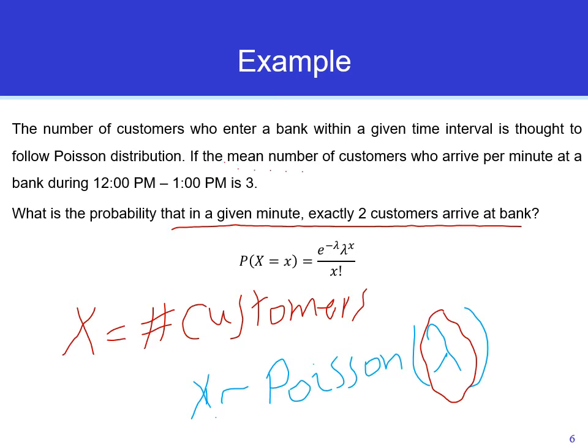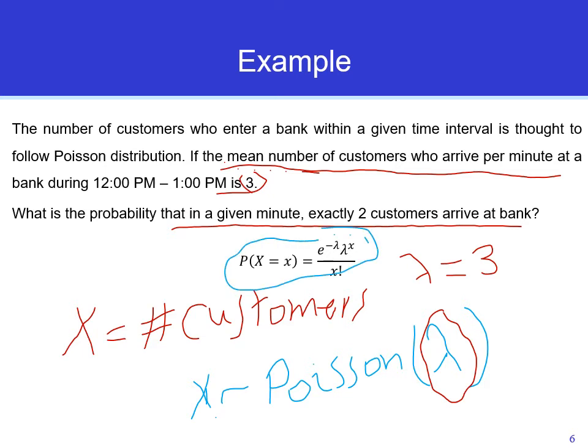If the mean number of customers who arrive per minute at a bank is 3, that means lambda is 3. Right, so lambda is 3 in a given minute from 12 to 1 p.m. The expected number or the average number of customers that enter is 3. So we have lambda, and now we can plug the numbers into this formula and find the probability.